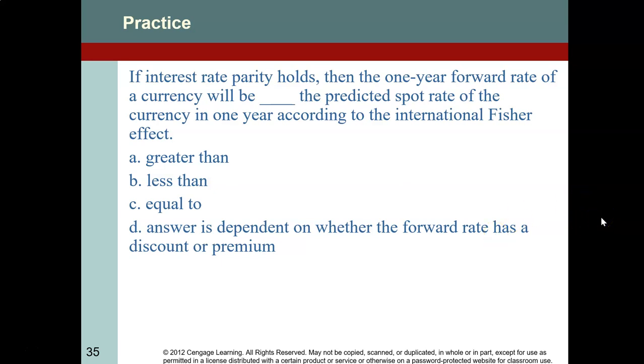If you need more time, you can keep pausing the video, take out a pen and paper and try to write down what is interest rate parity, what is the International Fisher Effect, and how we connect these to the 1-year forward rate and 1-year spot rate, and see what's the relation between these two rates. If you're ready to look at the answer, let's go to the next slide.